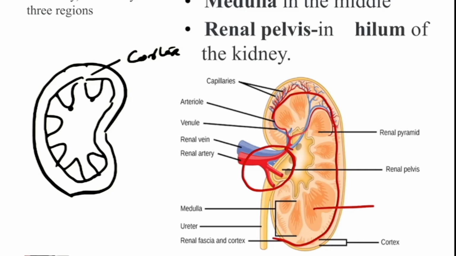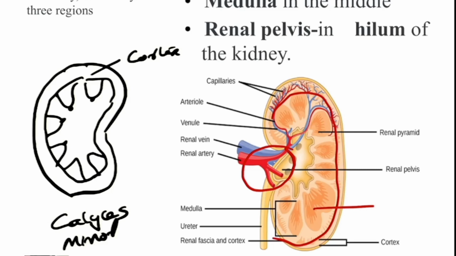renal papillae into the calyxes. So it opens into minor calyxes. They join together to form 2 or 3 major calyxes.